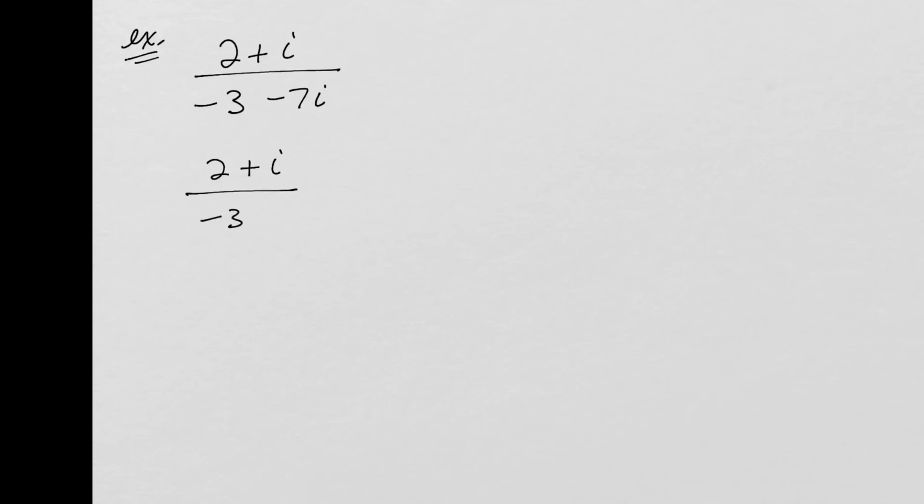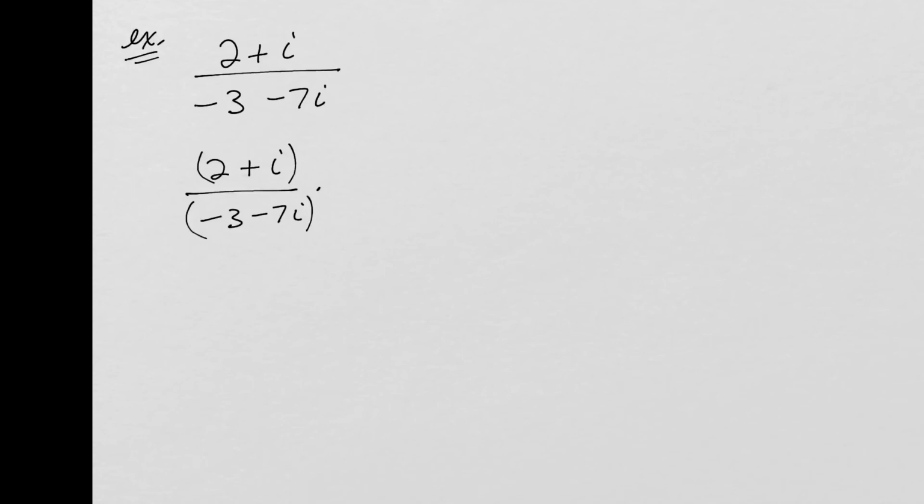So in this example, I want to divide 2 plus i by negative 3 minus 7i. Remember, the way that we're going to do this is we're going to multiply the numerator and denominator, I'll put these in parentheses just to keep it cleaner, by the complex conjugate of the denominator.